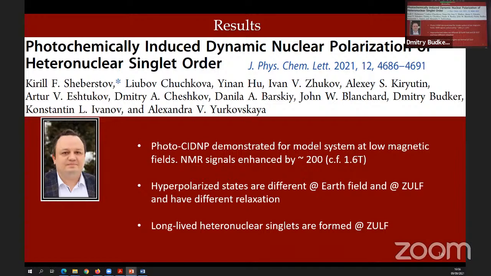So if you can have some kind of long-lived polarized state that you can then convert, since a singlet you can't observe directly, right? But if you can convert it into something you can observe in nuclear magnetic resonance, this is an interesting possibility for doing this kind of imaging.